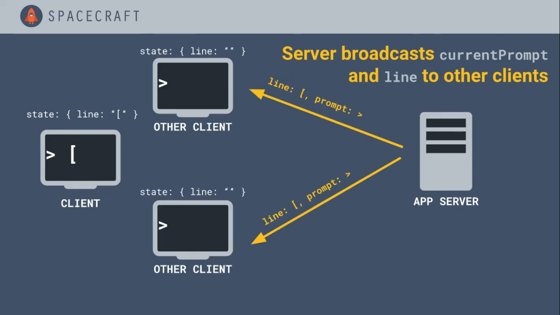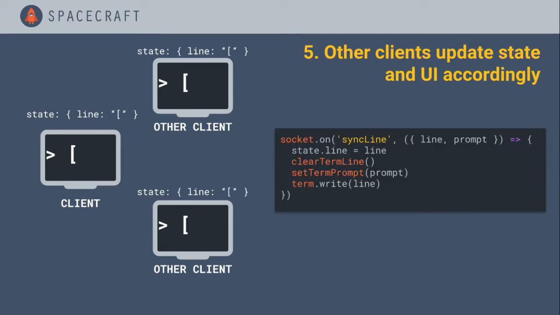And when other clients receive the line of the prompt, we write that. We update the state of the other clients to include that new line. And we basically want to say, clear your current terminal line, and then set the terminal prompt with the current prompt before writing the line. This way it provides a very clean update.